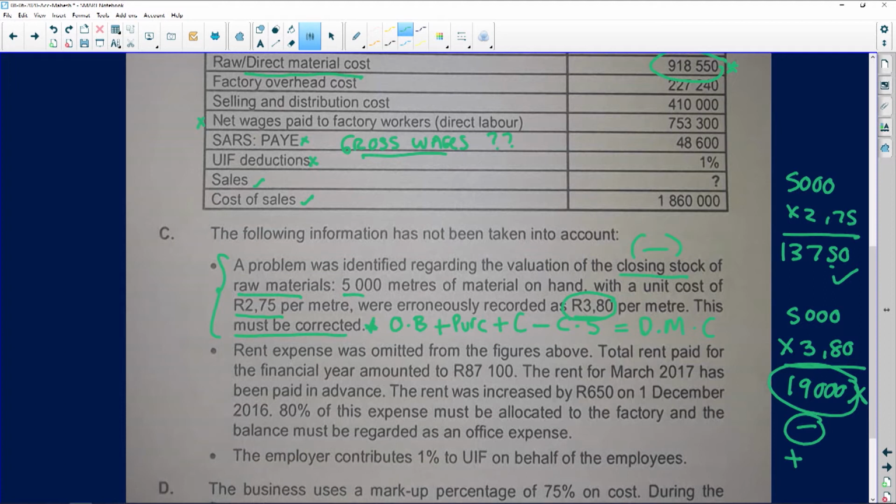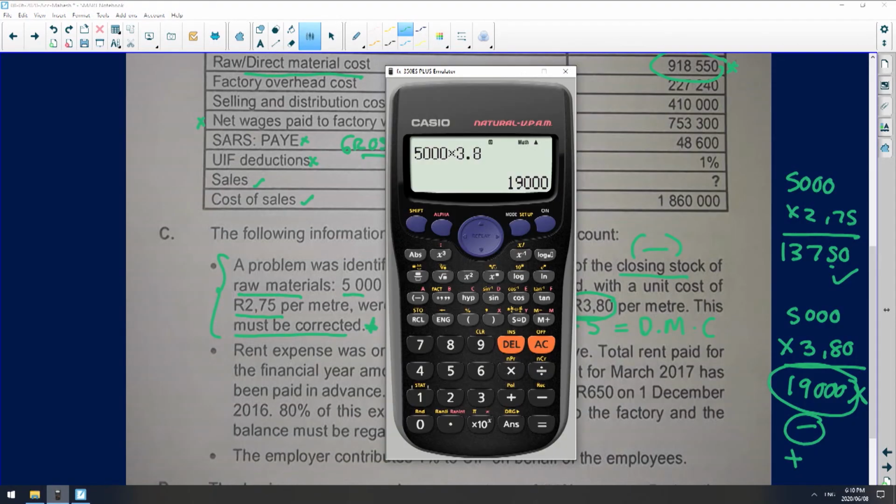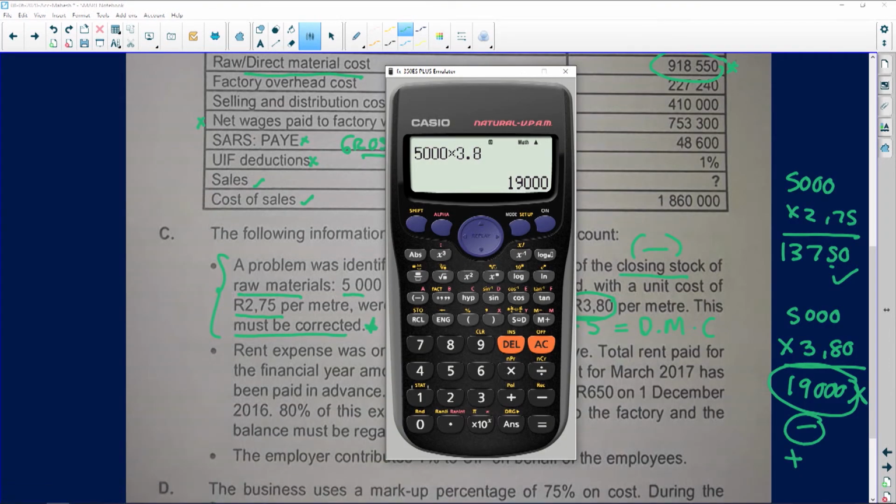Remember, I subtracted too much, and I'm now going to add back the amount that I over subtracted by. So let's calculate that amount. 19,000 minus 13,750, and I am now going to add 5,250 to my direct material cost.